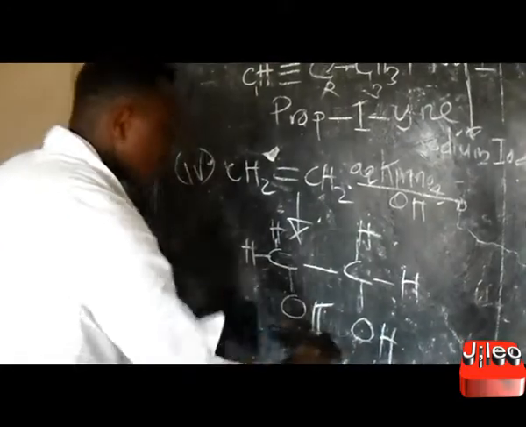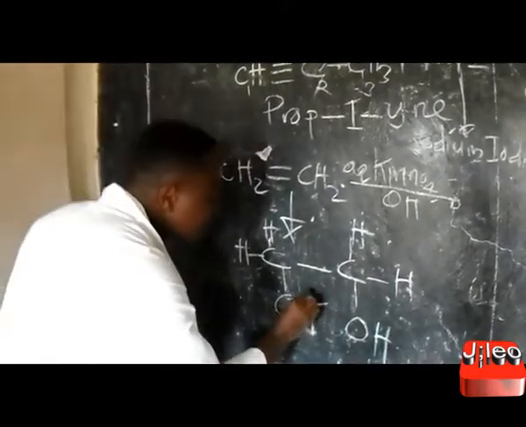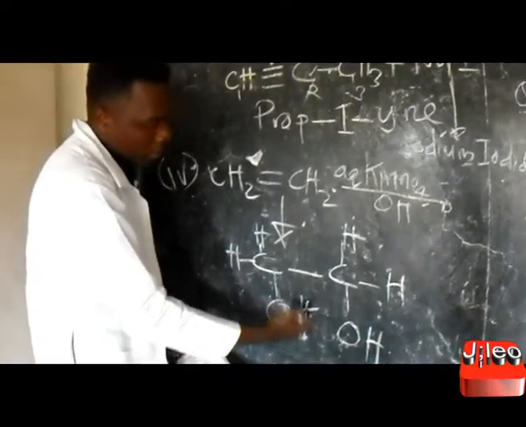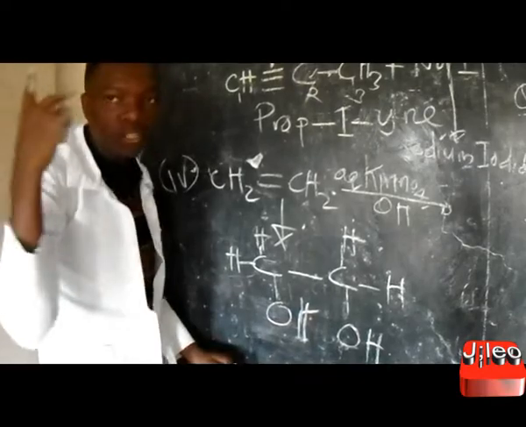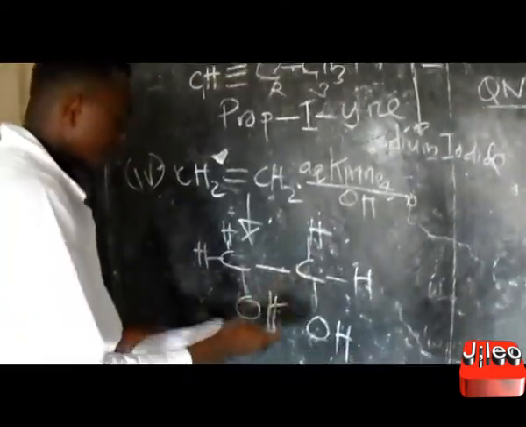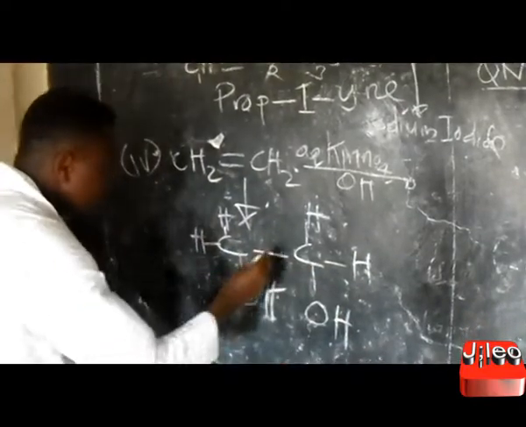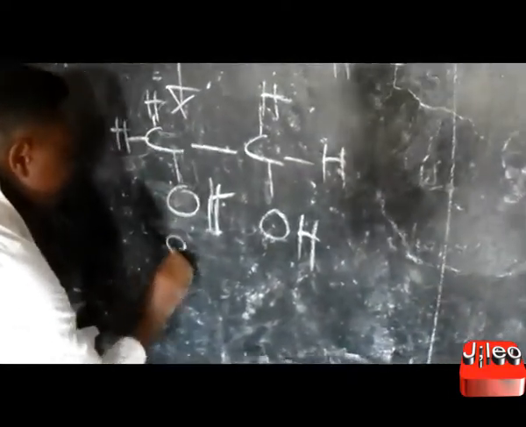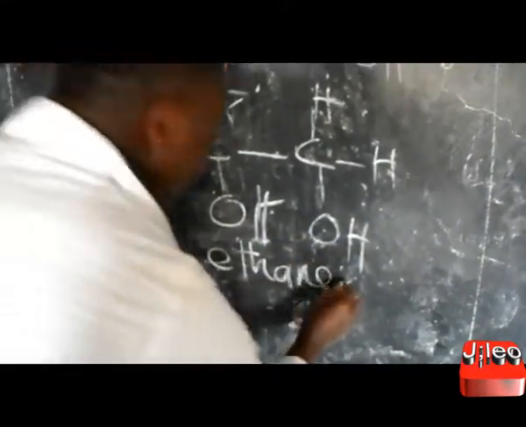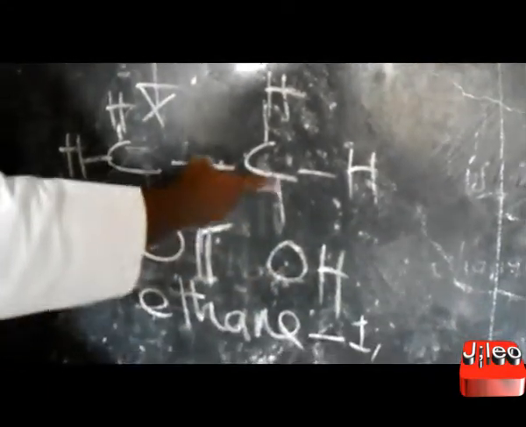So this one we call a diol. Why is it a diol? Because we have two hydroxyl groups. So we call it a diol. By its nomenclature we can say this one is ethane, then hyphen 1 comma, one hydroxyl is located on the first carbon, but another one is located on the second carbon, so comma 2.